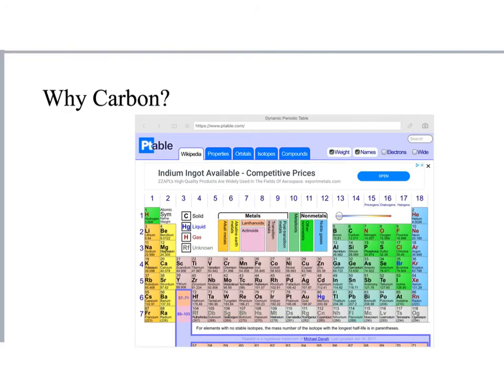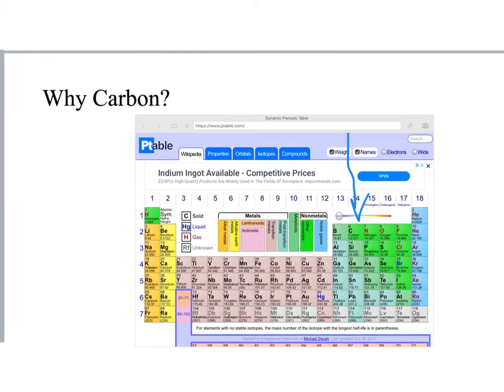So what makes carbon so special that it's able to form all these different molecules? Well, it all comes down to its place in the periodic table. And I'm sure you can see that carbon is there in the middle of the second row of the periodic table. So carbon's got quite a small atomic diameter and also has a tendency to form multiple bonds.